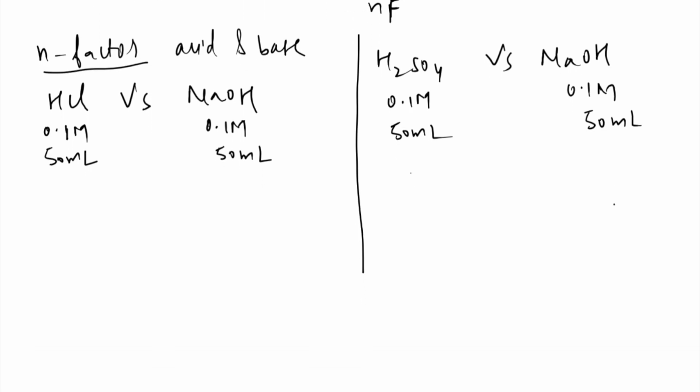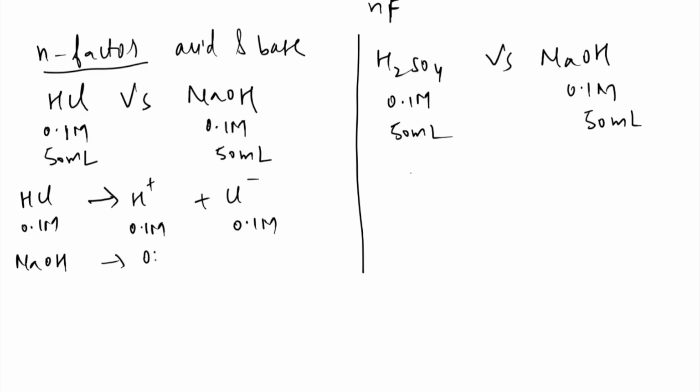If we titrate here, the reactions which are going to take place: HCl is going to give 1 H plus ion and 1 Cl negative ion. If I am taking 0.1 molar of this solution, the H plus ion will also have the same strength, and so will the chloride ion. Similarly, NaOH will give 1 OH negative ion and 1 Na positive ion. If I am starting with 0.1 molar of the NaOH, this will also be 0.1 molar, and the Na positive ion will also be 0.1 molar.